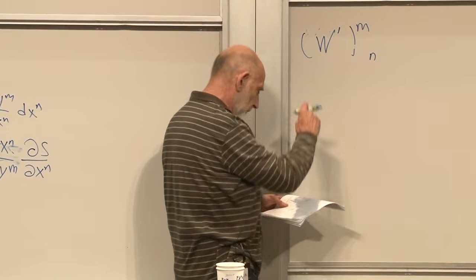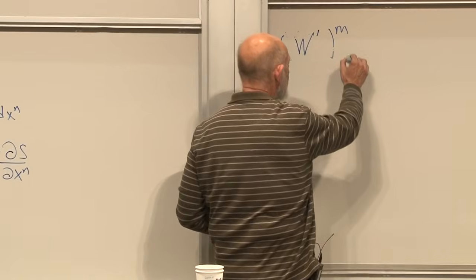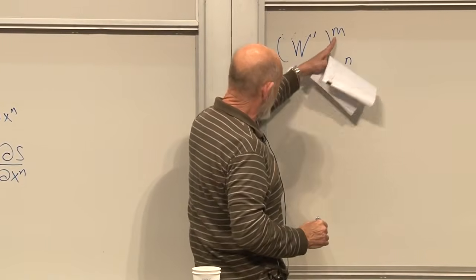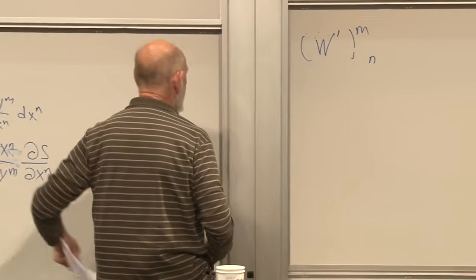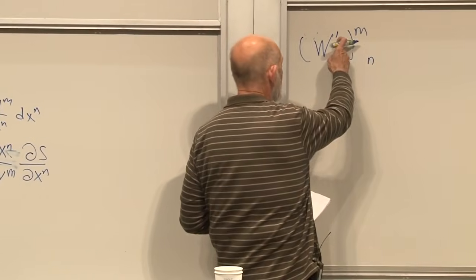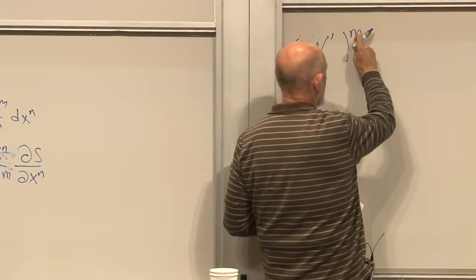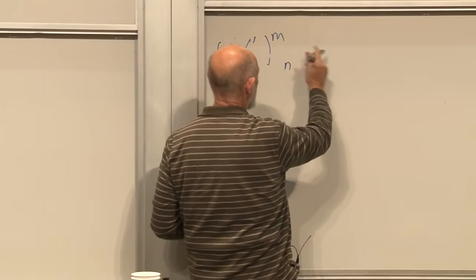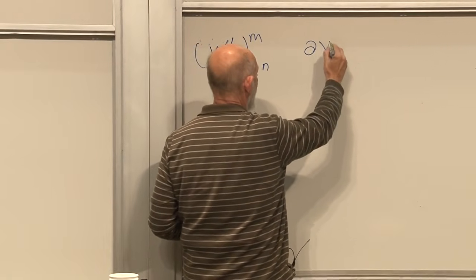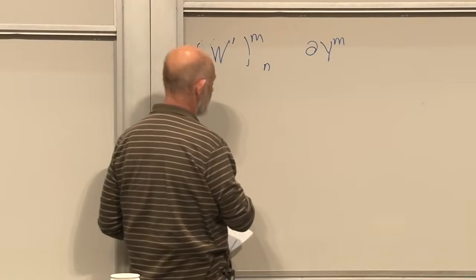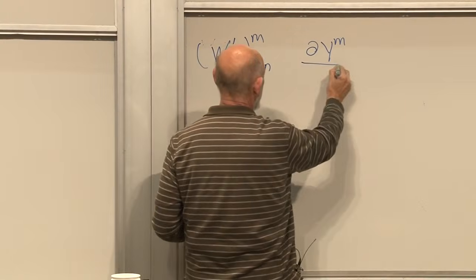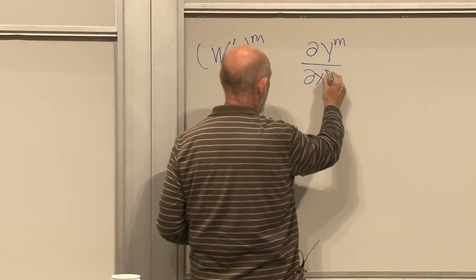And the prime components, again, for each index, there's the same kind of pattern. This is a primed component. This is the index m. So there must be a dym upstairs. All right, there's going to be a dxp downstairs.